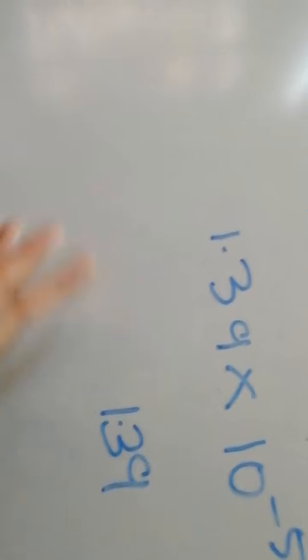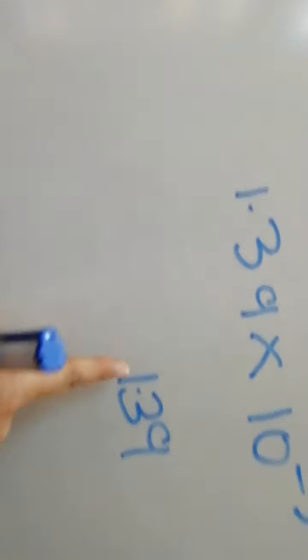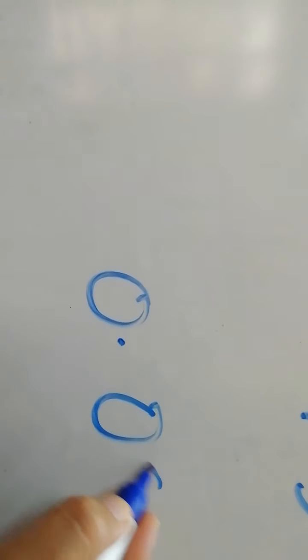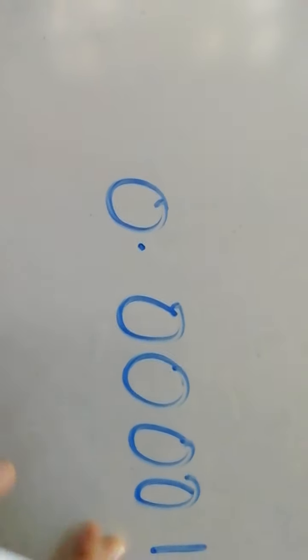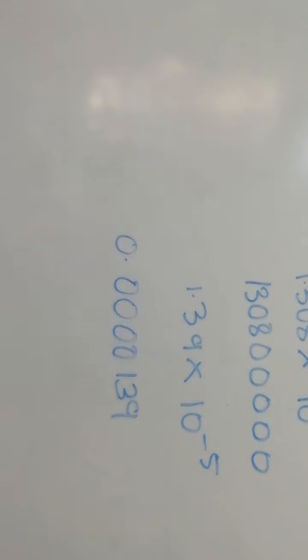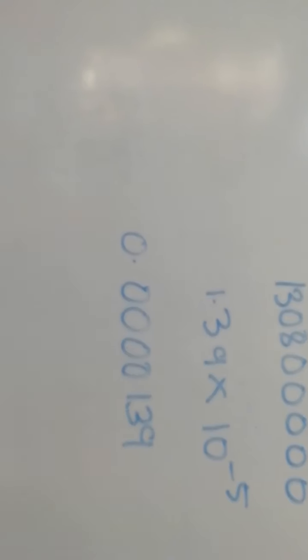Okay, so here my zeros I will count from this side. So from here, or you can say put the dot here, left to right, 1 2 3 4, and this is 5. Are you all with me? So answer is 0.00000139.